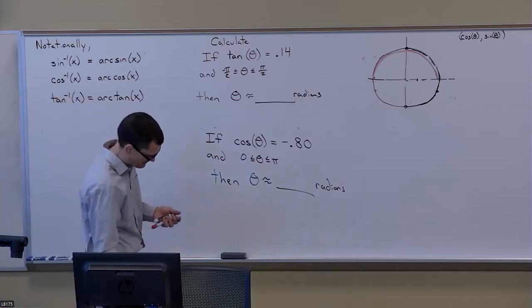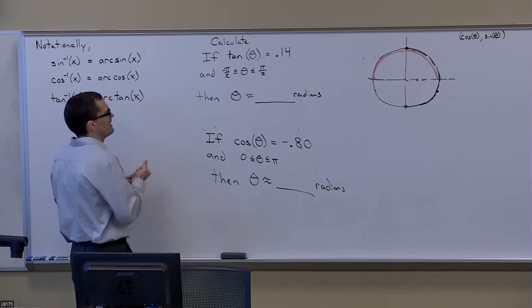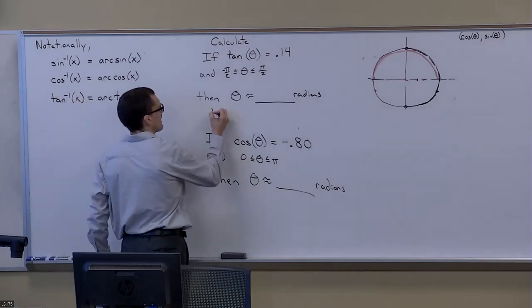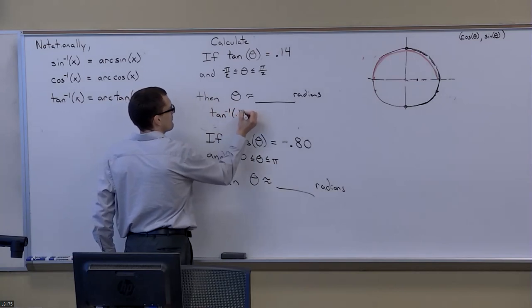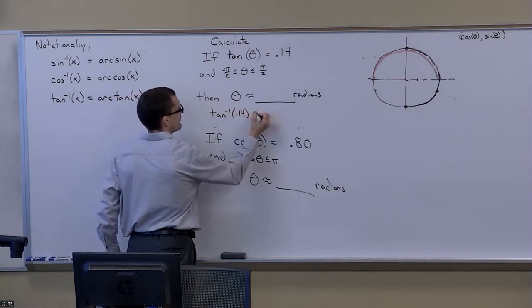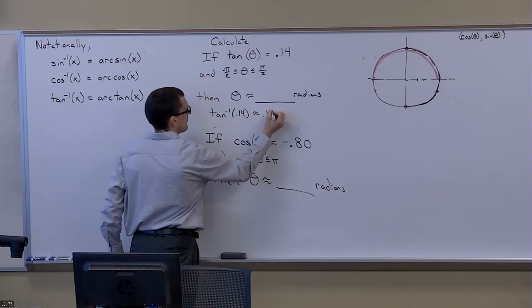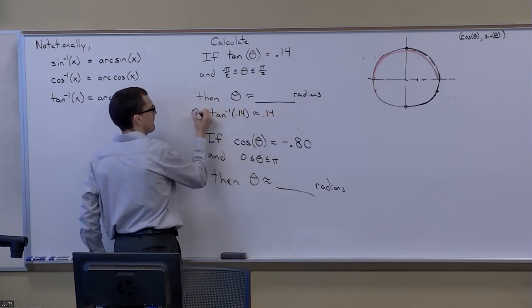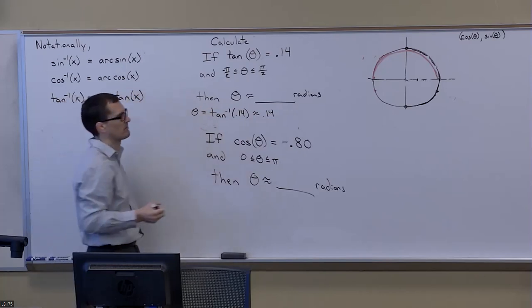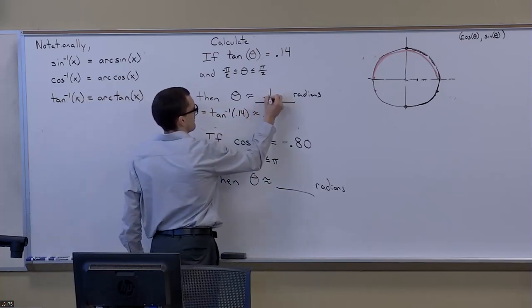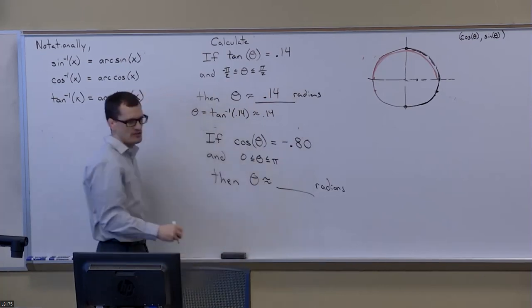All right. So for the first one, it turns out the tangent inverse of 0.14 is about 0.14, rounded to 2 decimal places.